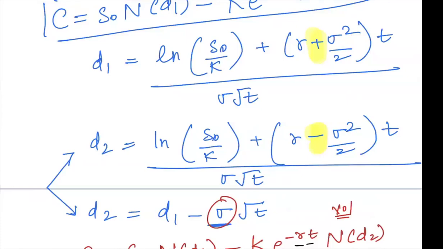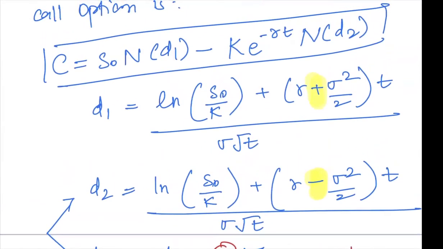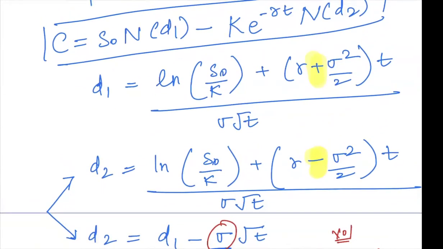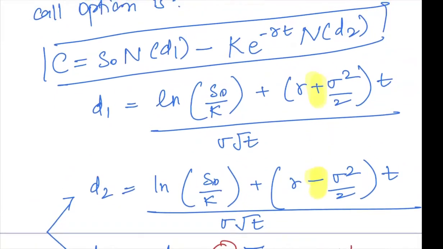So did you understand the formula or not? Please tell. Any doubt up till now? Should I take that as no? Yeah, no doubt till now. Okay, perfect. So this was the formula for call option.